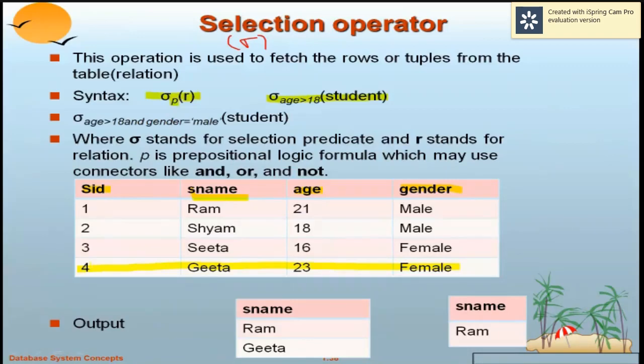So tell me which elements have age greater than 18? Ram and Geeta have an age greater than 18, so the records of Ram and Geeta will be pulled out. Here in your output you can add SID, age and gender as well.